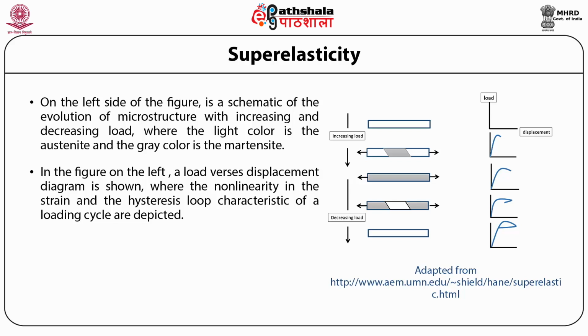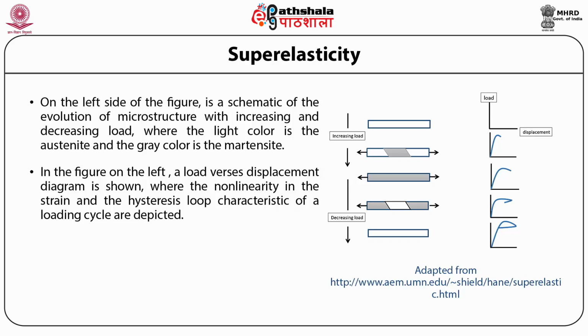Once the transformation to Martensite is completed and the load is removed, the strain is seen to drop. Concomitantly, the microstructure is found to transform from martensite to austenite. In fact, upon the complete removal of the load, the total strain is reversed and the original microstructure is restored.